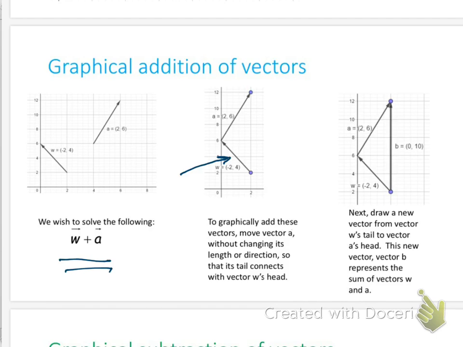That will satisfy the requirement to have a 2, 6 vector. Now I have the vectors drawn head to tail, so I'm able to draw a straight line connecting where I started to where I finish. When you connect those two, that is the summation.